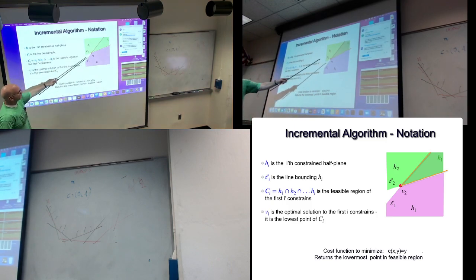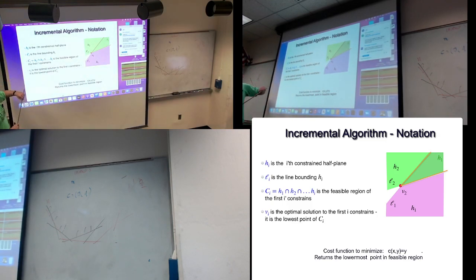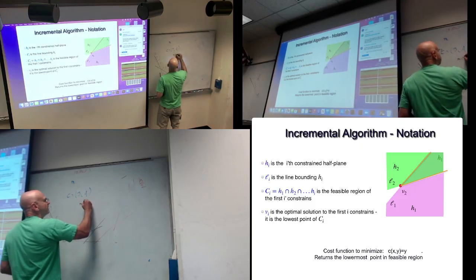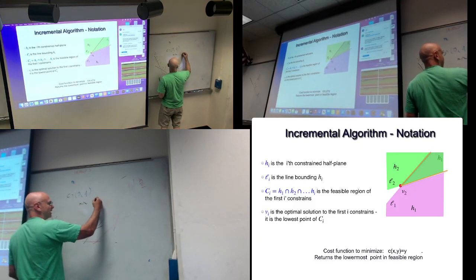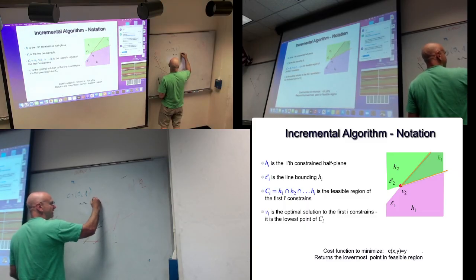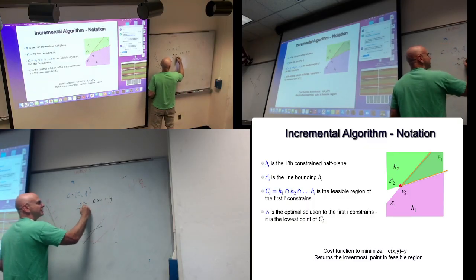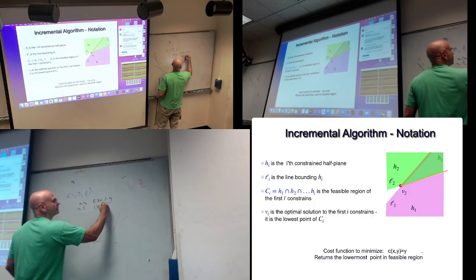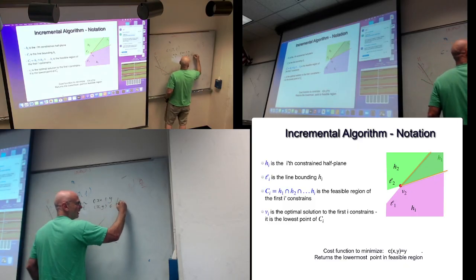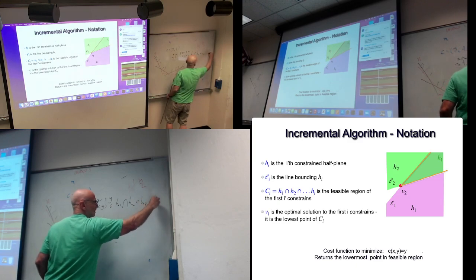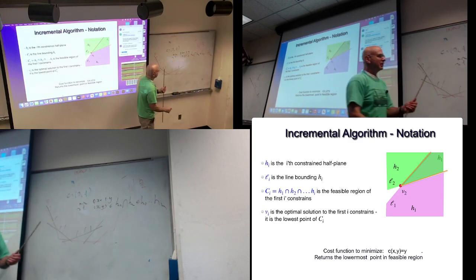So I'm looking for the smallest y, the minimum of the cost function 0x plus 1 times y, such that the point (x, y) belongs to H1 intersection H2 intersection H3 ... H n. That's the problem that we are trying to solve all the time.